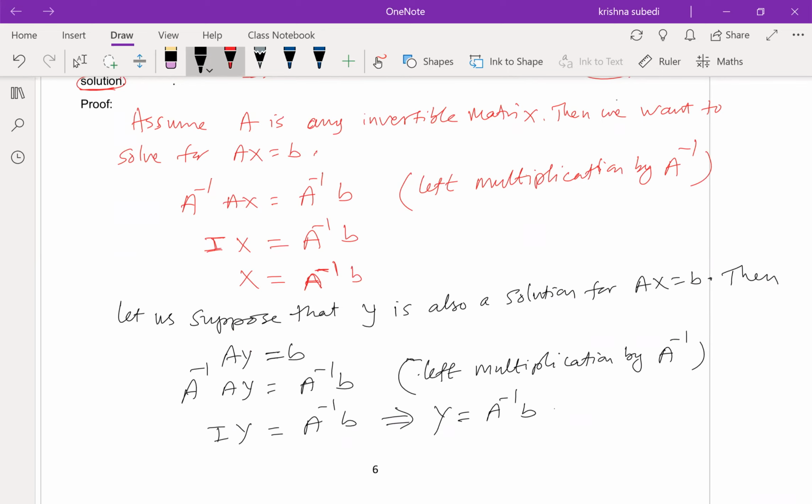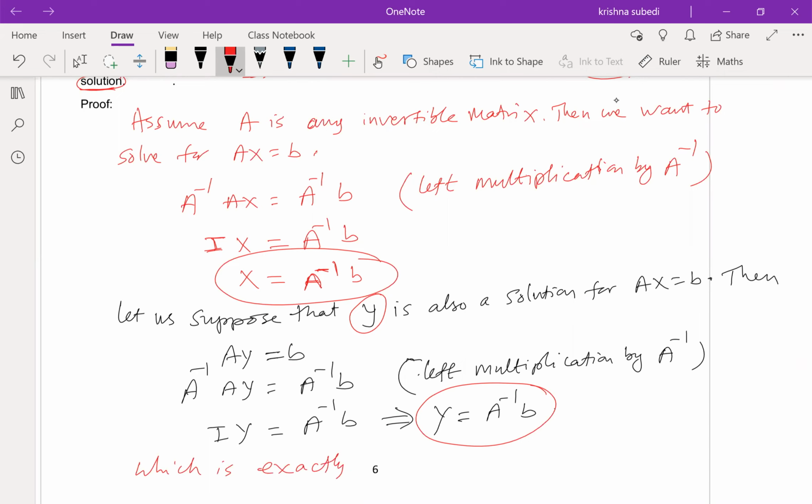Now notice that we assumed y is a different solution. That's what we assumed. But at the end of the day, what we got is the same thing we got for x, exactly the same solution.